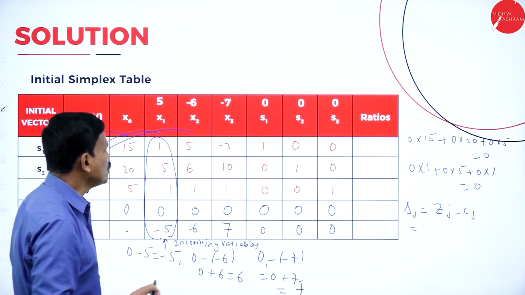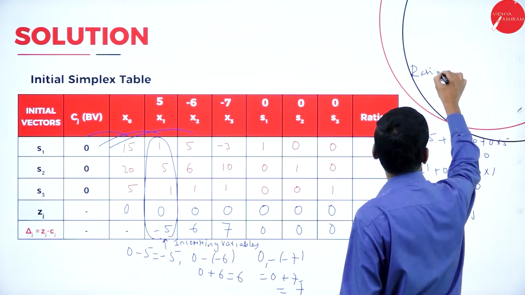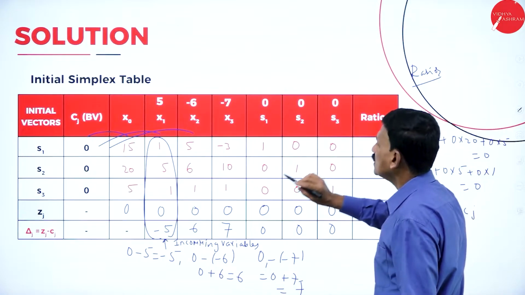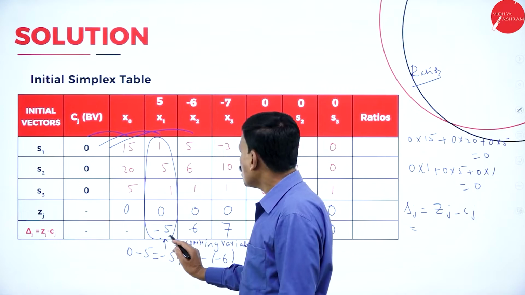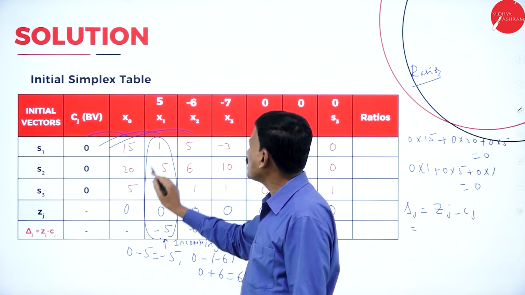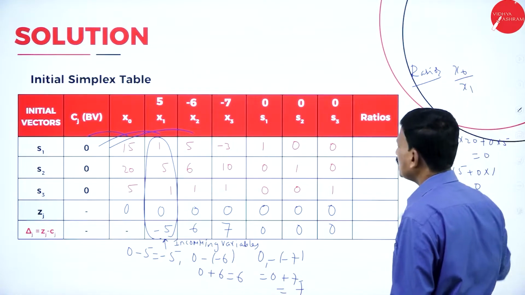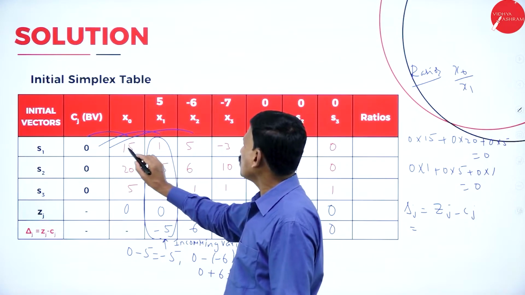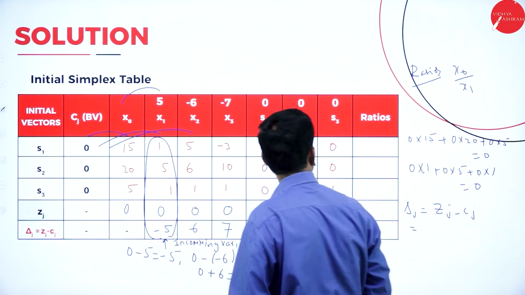Now find out the ratio. The ratio is given by x0 divided by x1. Here this is called the key column, and we divide all the elements of x0 by x1.